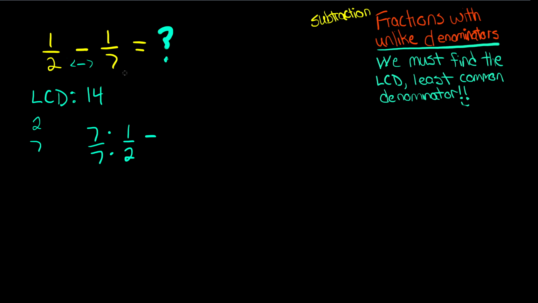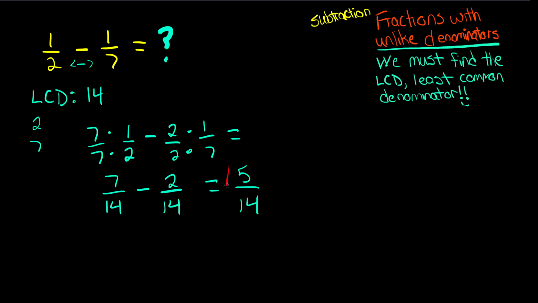We are going to multiply that by our fancy version of 1, 2 over 2, times the 1 over 7. And that gives us 7 over 14 minus 2 over 14, with our end result being 5 over 14. Don't forget to circle your answer, and we are done with subtracting fractions with unlike denominators.